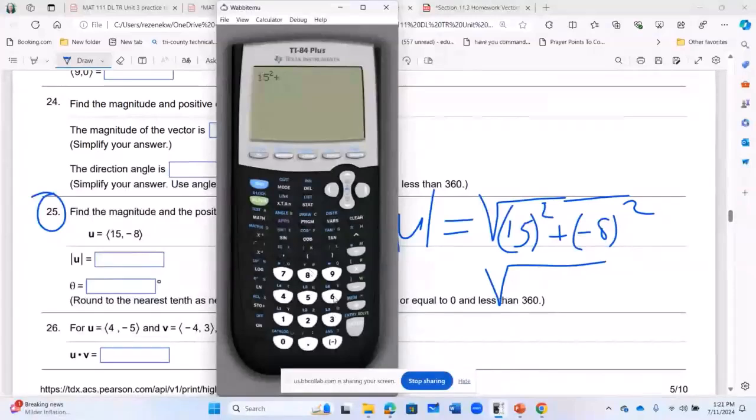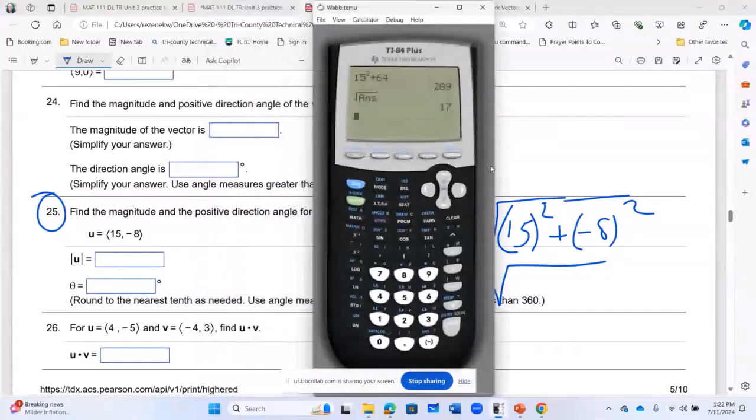So I get 289, and I find the square root of that. When I hit enter, I have 17. Therefore, the magnitude of u is 17. So the magnitude of u is 17.